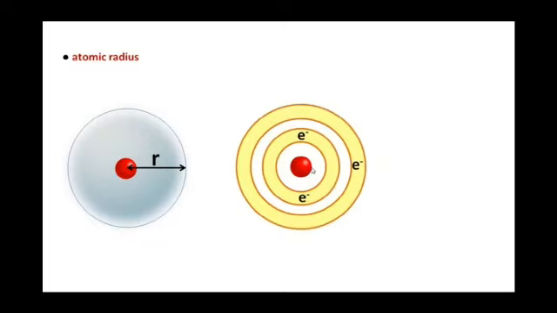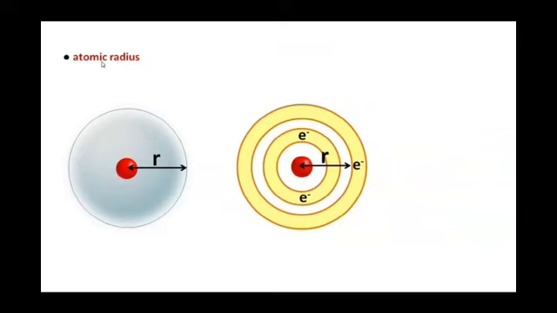To calculate the atomic radius of this atom, we should not calculate the distance between the nucleus and the electron present in the first shell. So, how should we calculate? We should calculate the distance between the nucleus and the electron present in the outermost shell, that is the valence electron.